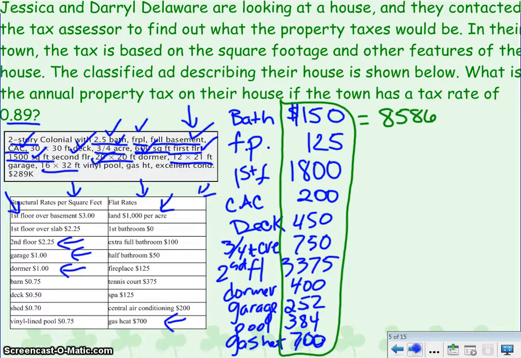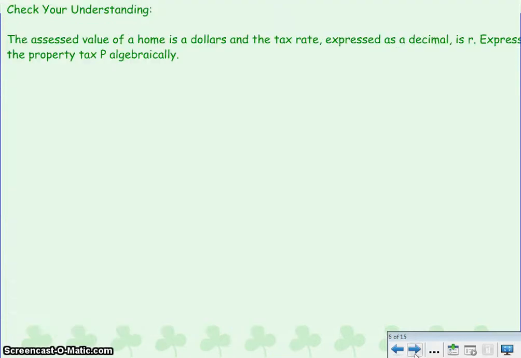Now, if we think back, remember the tax rate? It was 0.89. So I'm going to take that 8586 and multiply it by 0.89, and I find that the taxes are going to be $7,641.54. A little bit of a long one there, but it's a good one to do. All right, please press pause, solve this, come back when you're ready.